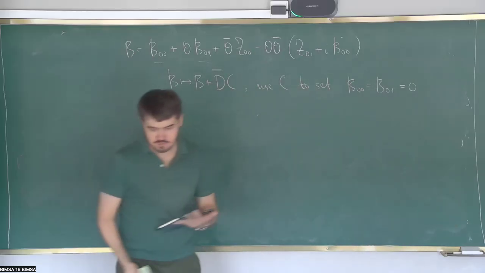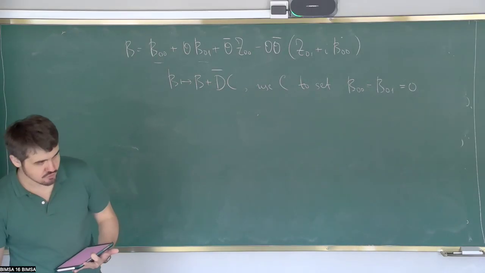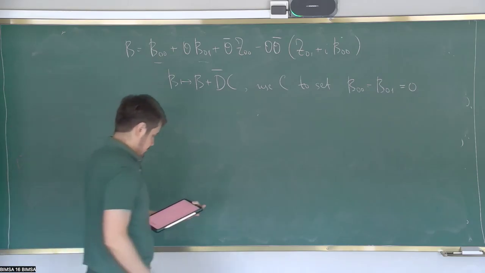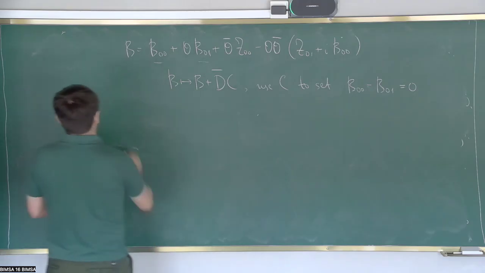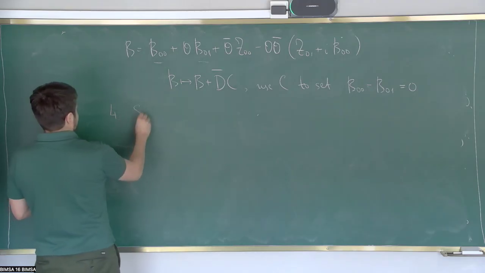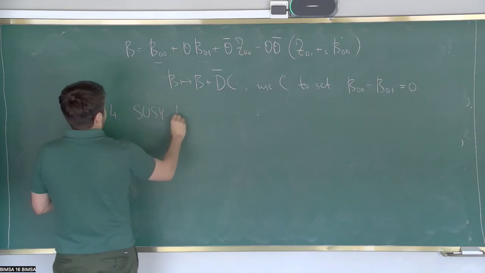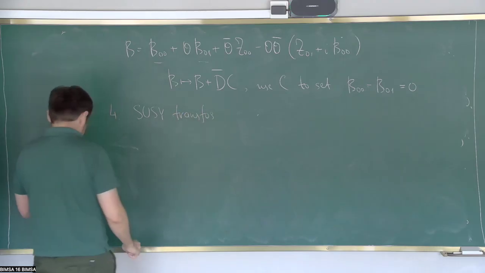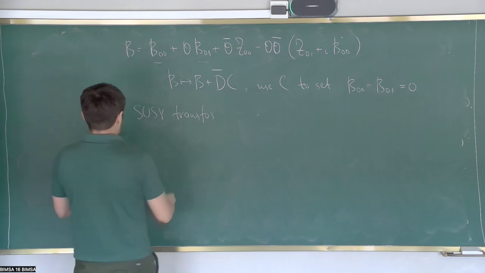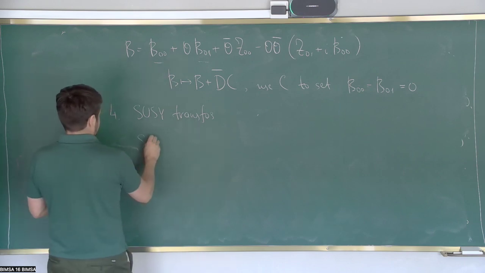That would be useful in writing the actions that we will write. And finally, the last item is about supersymmetry transformations. As we recall, this is just the action of the corresponding vector field on the superfield.